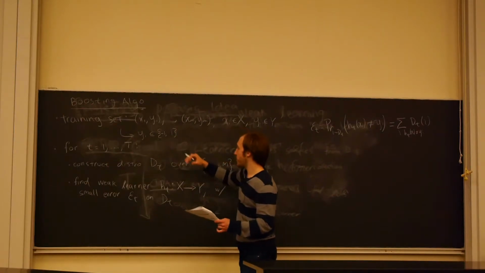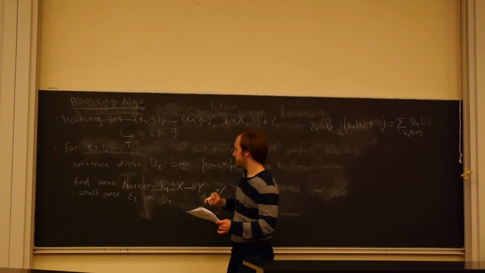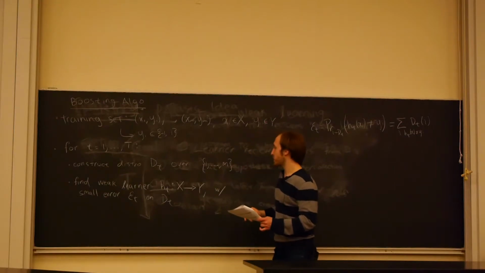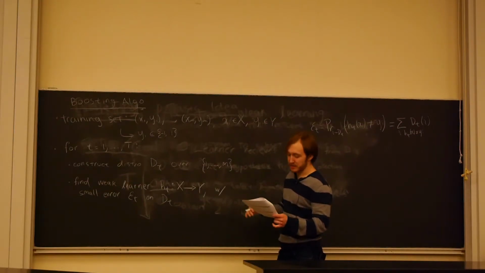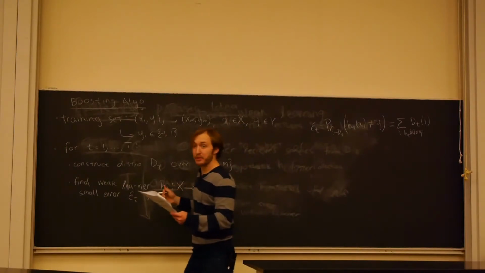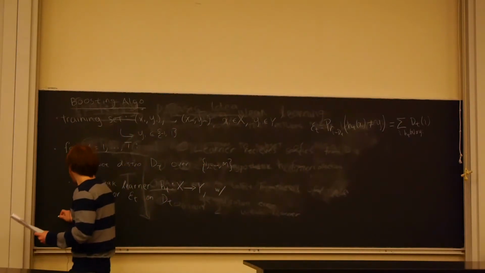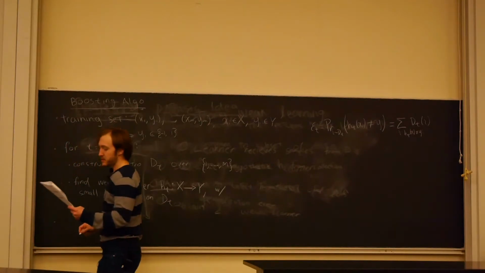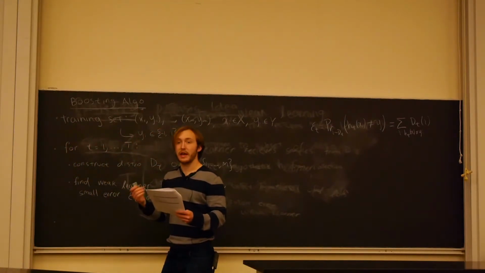So again, for each round, what you do is you first construct a distribution. You then find a weak learner with some sort of small error on this distribution. And you just repeat through this t, capital T times. And then at the very end of the day, the final step, is to output a final classifier, which we'll call h final.